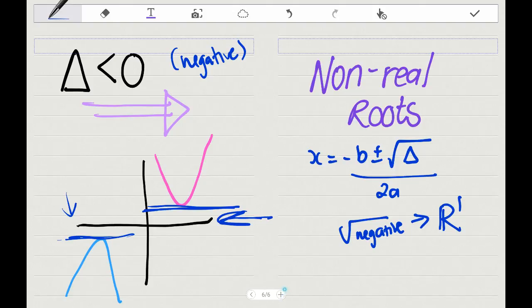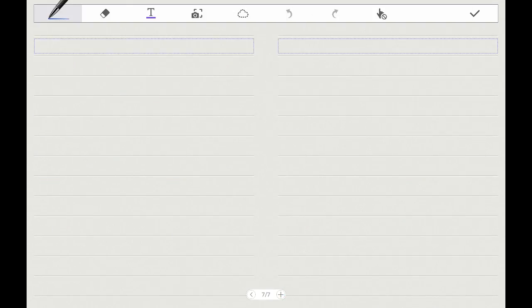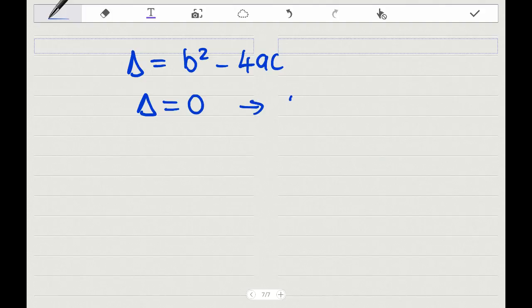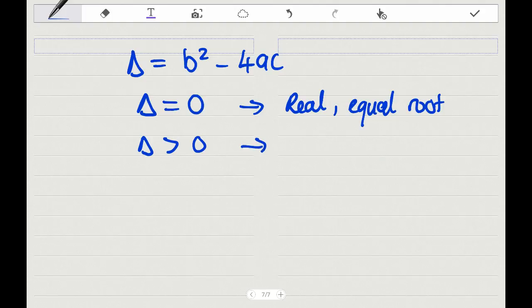So a quick recap on the stuff. Delta, the determinant, helps us to determine the nature of the root. This is what it is equal to. We get three broad cases where it is equal to 0, and in that case we get real equal roots. We have delta being greater than 0, and in this case we get real unequal roots.